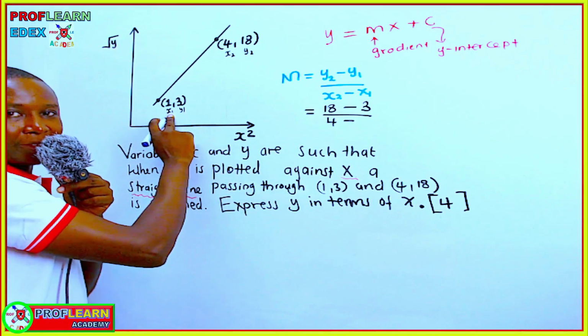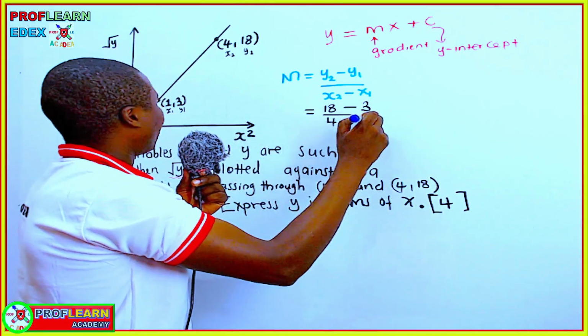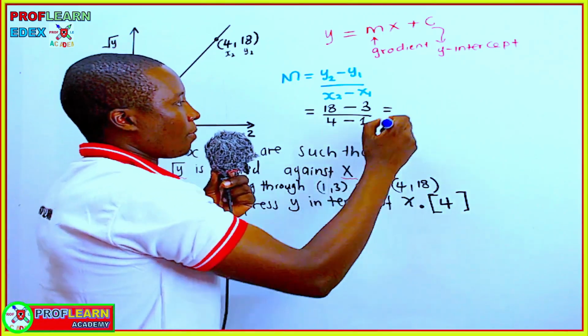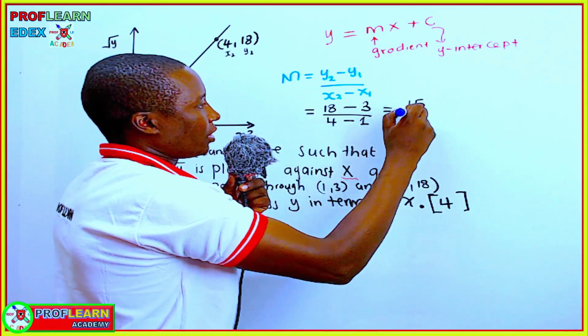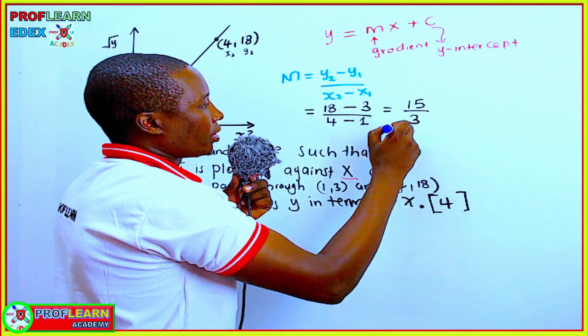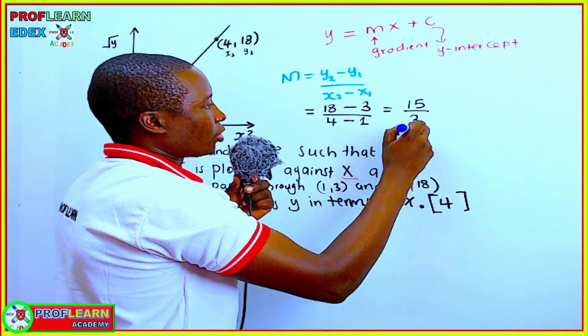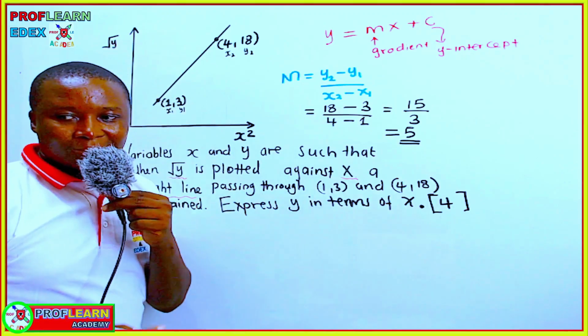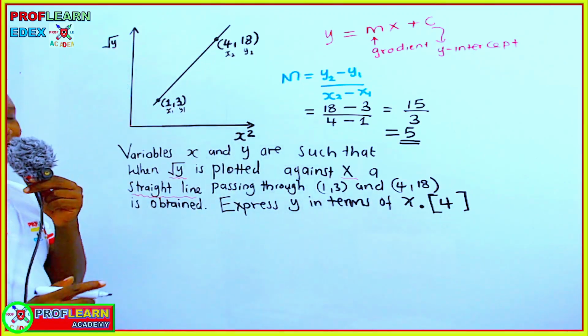If we work it out, we remain with 15 over 3, which is equivalent to 5. So the gradient of this line is 5.